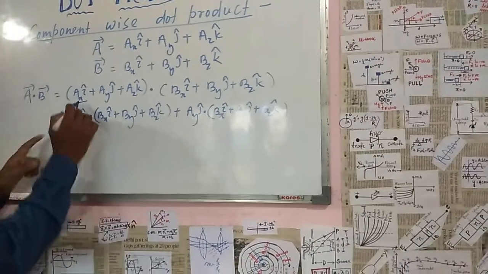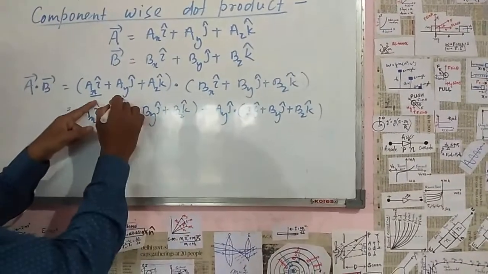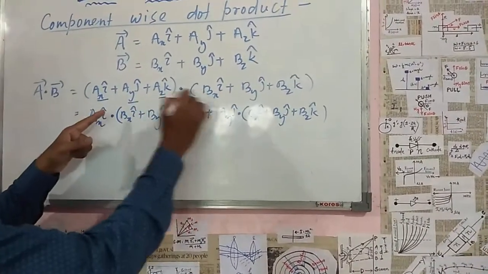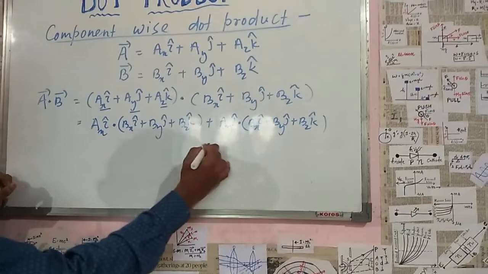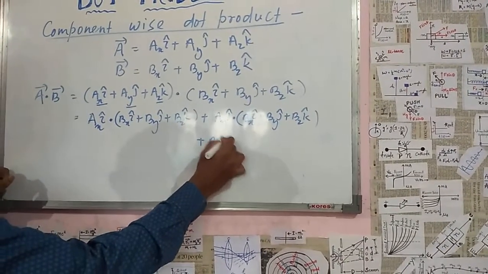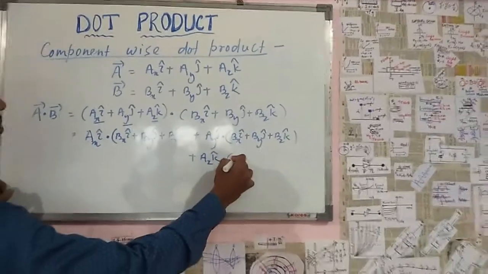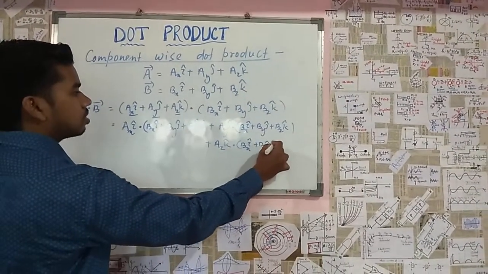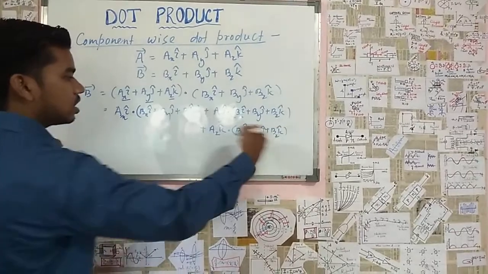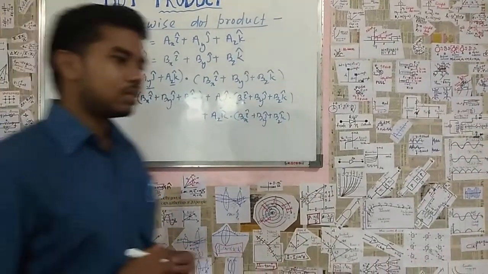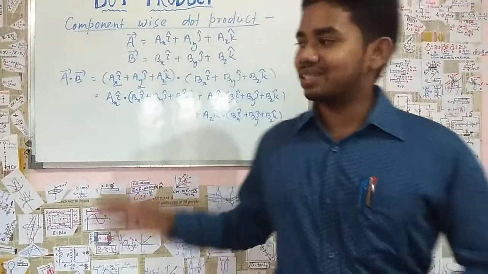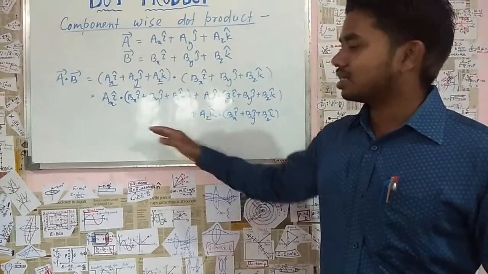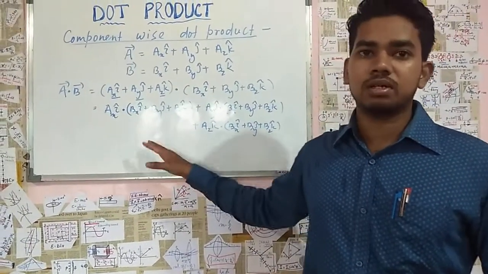Is it clear? First ax is multiplied with all, then ay is multiplied with all, then az will be multiplied with all. Then az k cap dot bx i cap plus by j cap plus bz k cap. So it is clear, I have multiplied in the same way as two polynomials, and then we have to consider the dot product results.